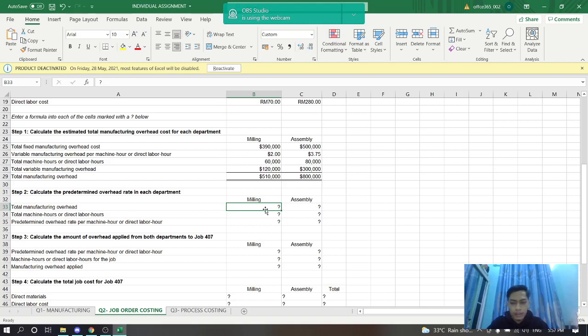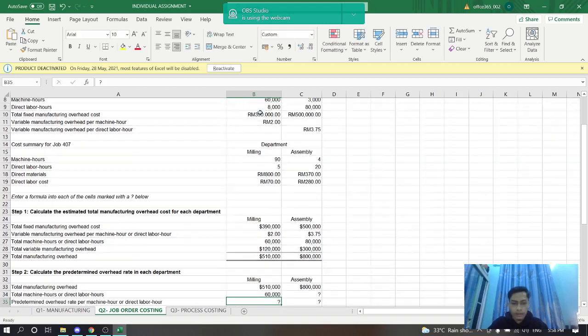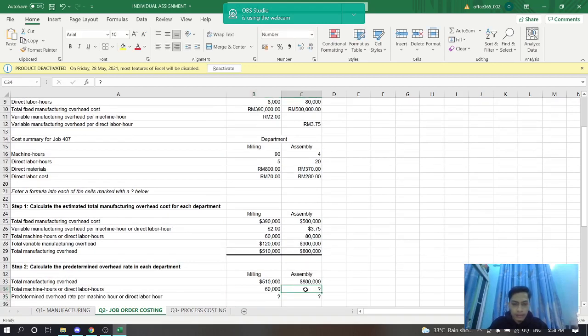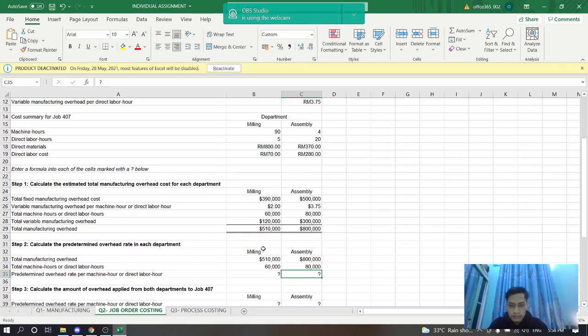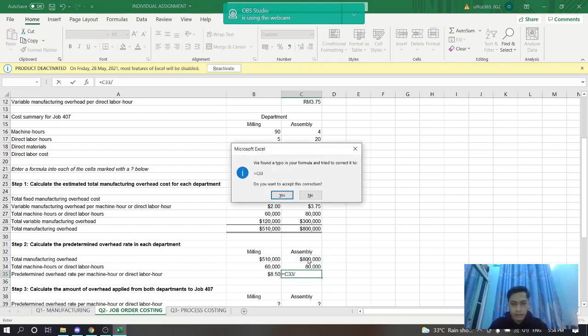For total manufacturing overhead, and then for the milling and for the assembly, and then total machine hour and total direct labor hour. We divide it. Total manufacturing overhead divided by total direct labor hour.